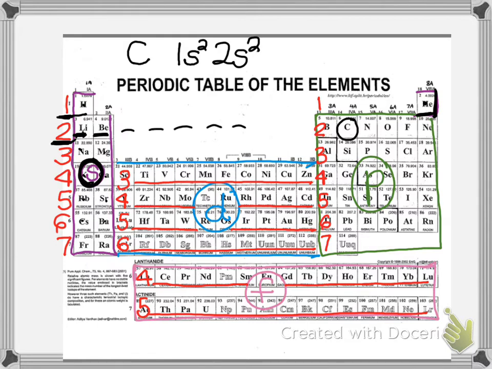So I come over here, and now I'm still in the second energy level, so I write another 2 because I changed out of the S's, and now I'm in the P's. So I write down a P, and I count 1, 2. And that's how you're reading the periodic table to get the electron configurations.